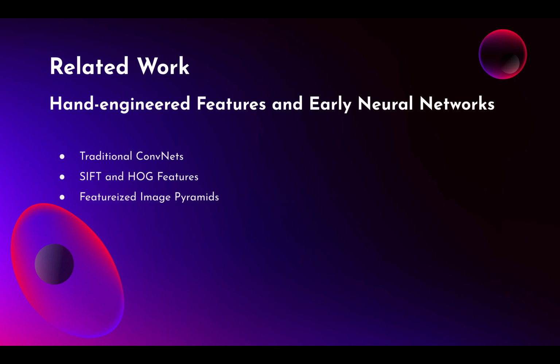HOG features and later SIFT features were intensively computed over entire image pyramids. The SIFT and HOG pyramids have been used in a majority of tests of image classification, object detection, and more. The interest in featurized image pyramids rose fast.